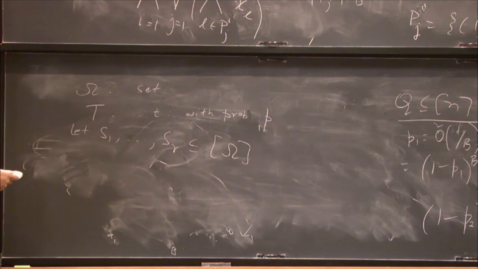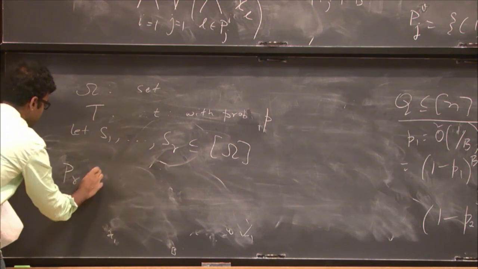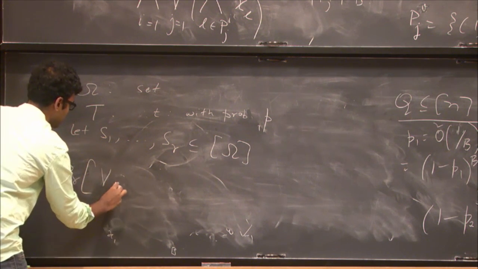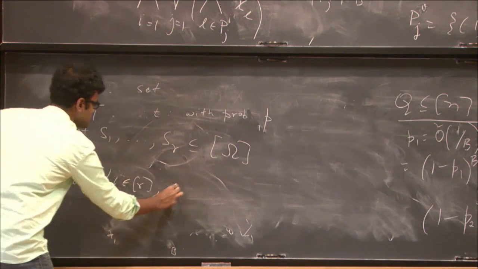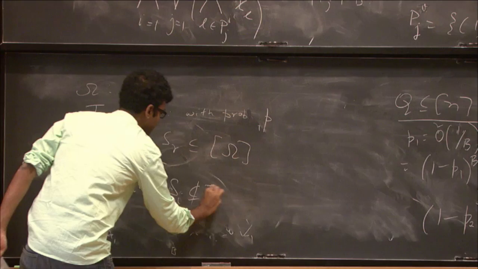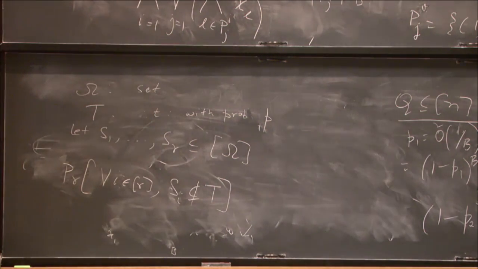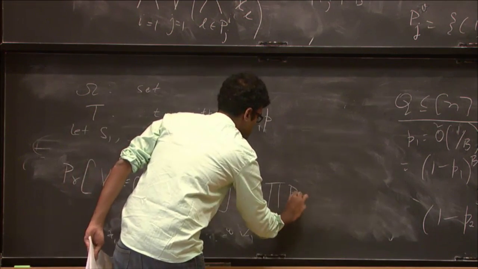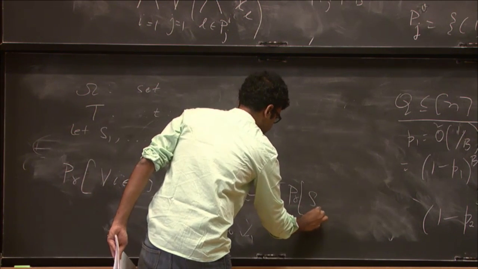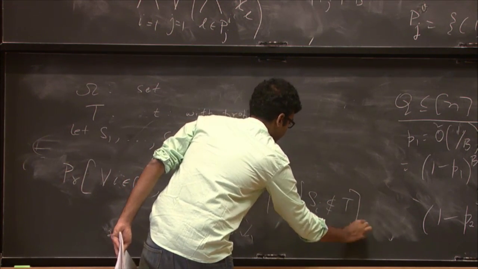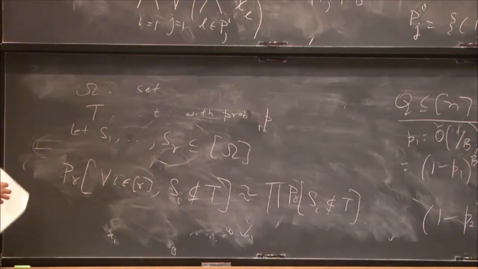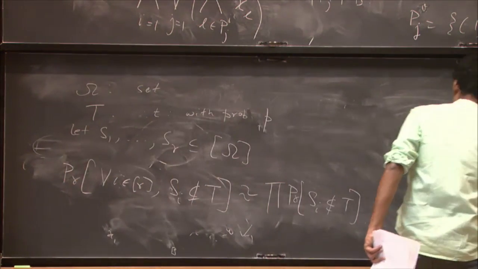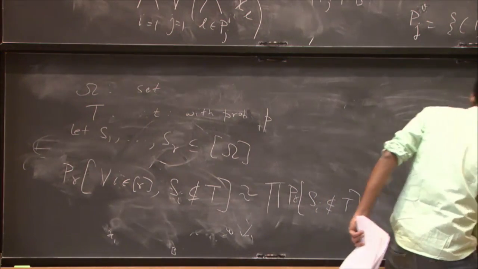So what we want to bound is the probability that for all I in R, Si is not contained in T. And we want to roughly say that this is equal to the product of the individual probabilities. For this to hold, we need two conditions.